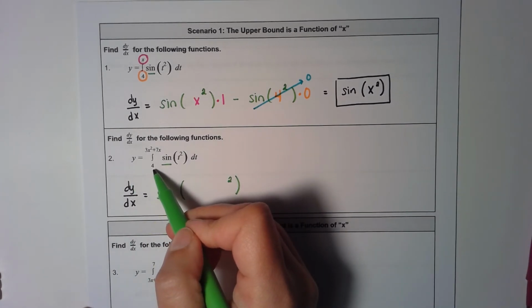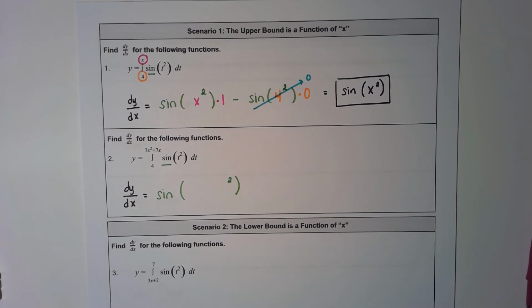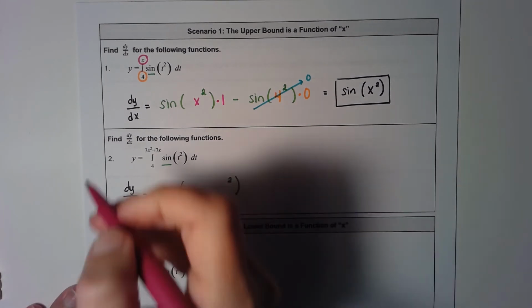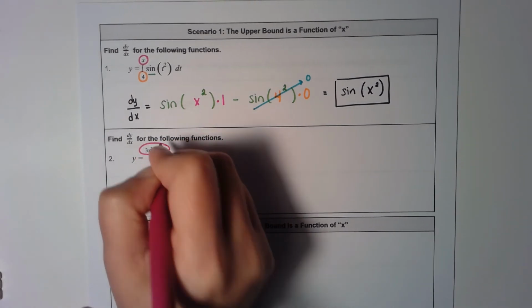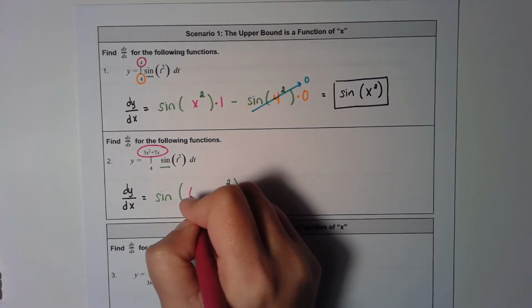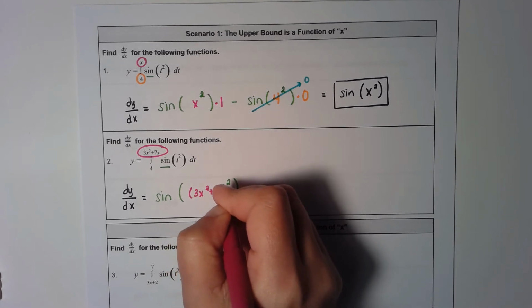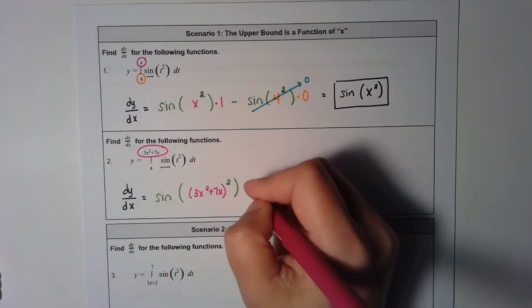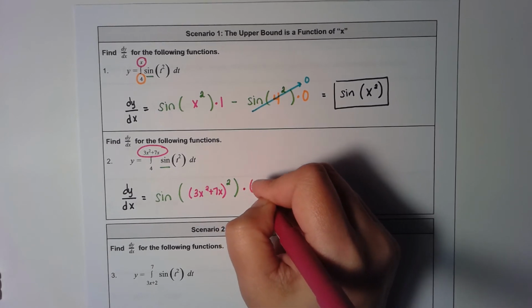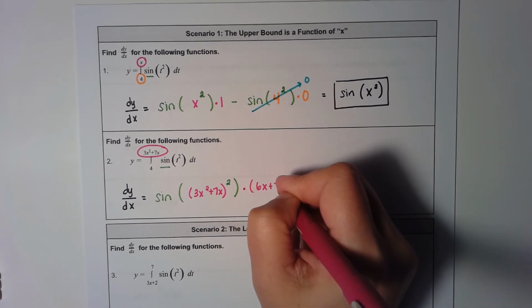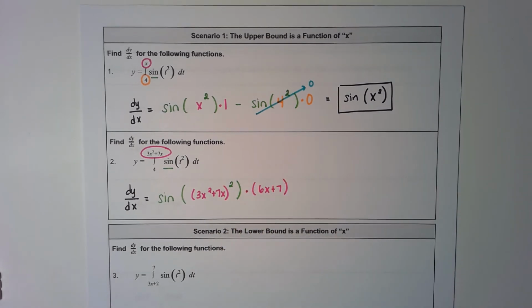And since the bottom is a number here, I'm not going to put the minus something else because the derivative of a number is 0. So I'm only going to be plugging in the top bound. When I plug in the top bound, I get 3x squared plus 7x inside of here. And then I just need to do the chain, which is 6x plus 7, and I'm done. So just drop it in and do the chain.